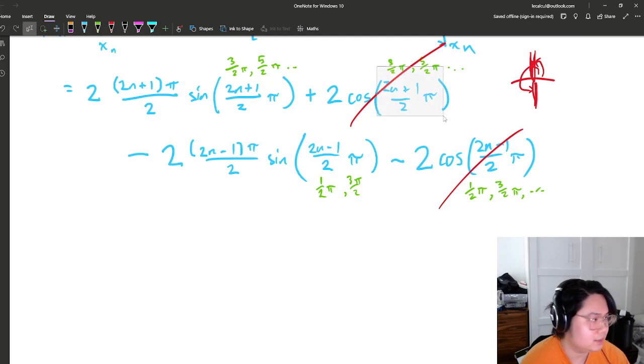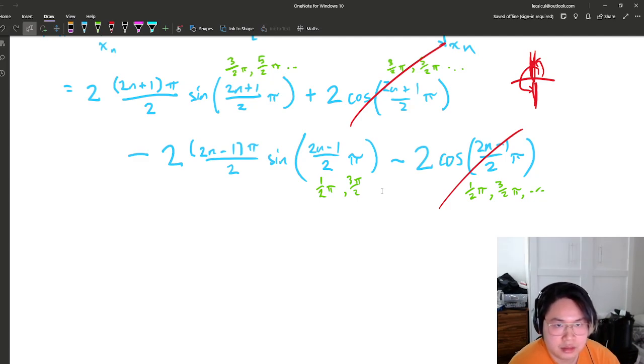And then this expression only gives you odd halves of pi, and at odd halves of pi, sine alternates between -1 and 1. So this might work out pretty nicely. And then the 2 cancels with 2. So this is what I have so far.